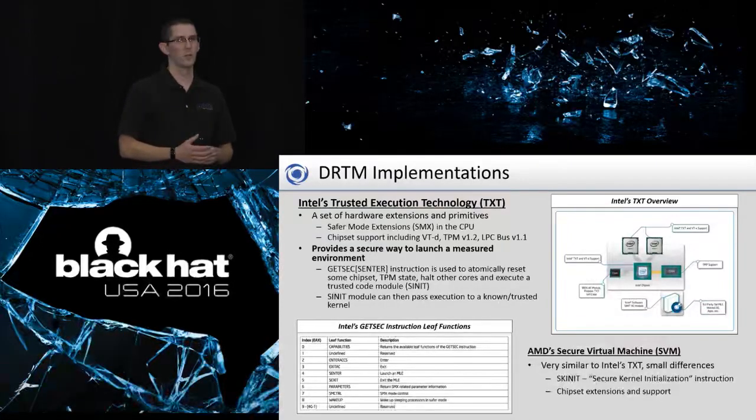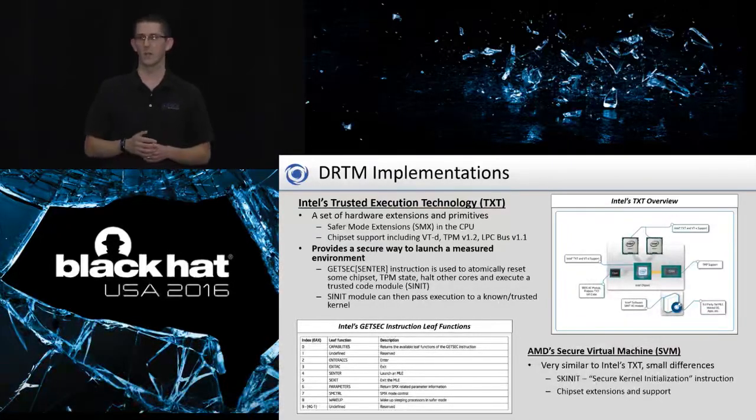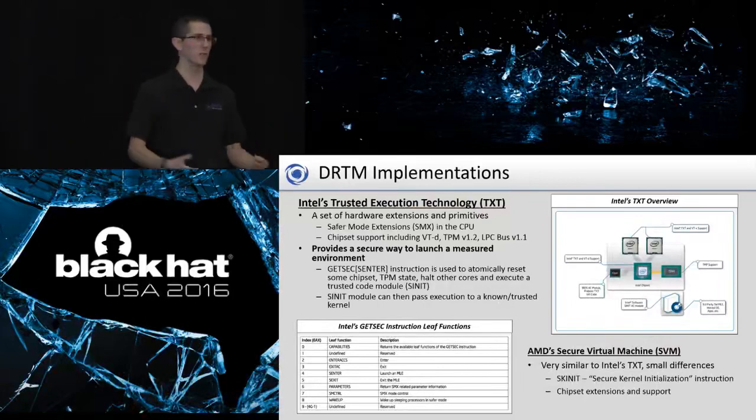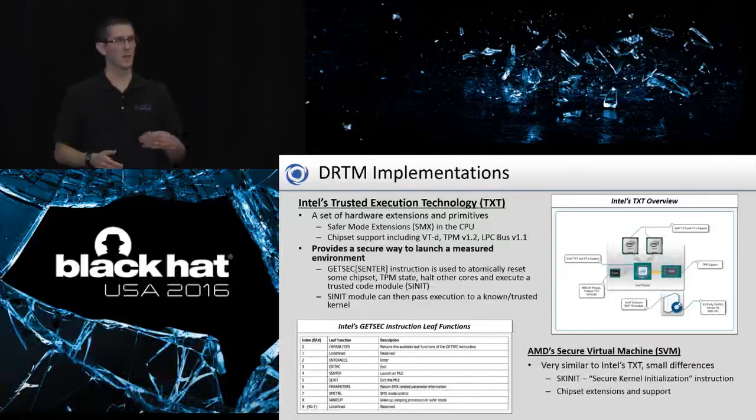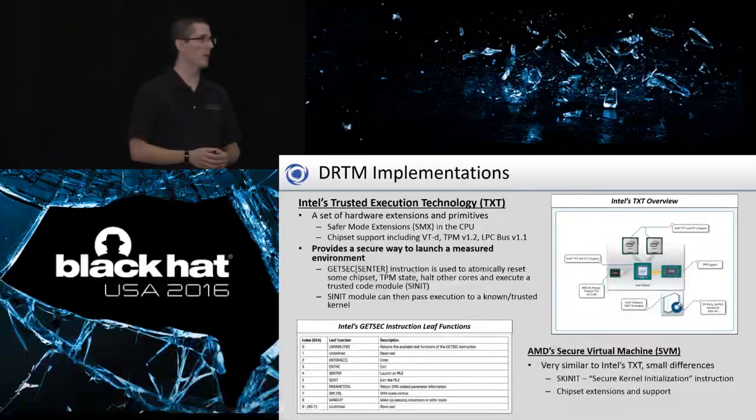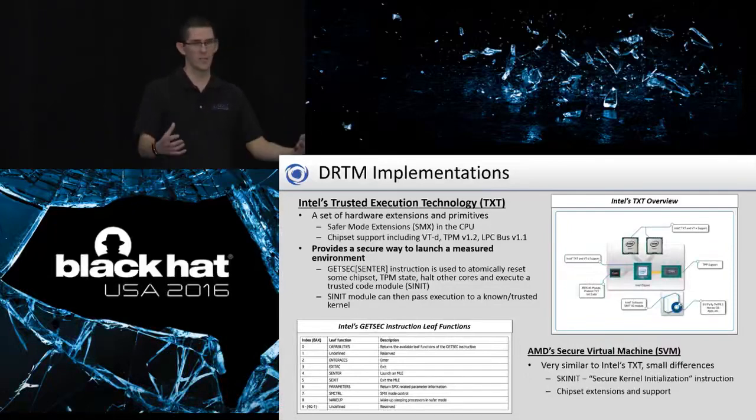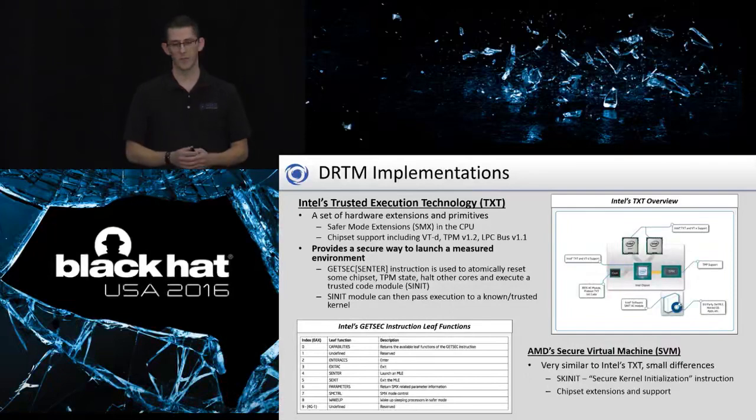There were specific bus protocols, a new version of the LPC bus that has special bus cycles that indicate the trusted state from within hardware, signaling across to the TPM. And the TPM is a critical part that's going to store these hashes, store the measurements, and help provide some attestation. So there's a whole set of changes to the system that had to be made to implement this.